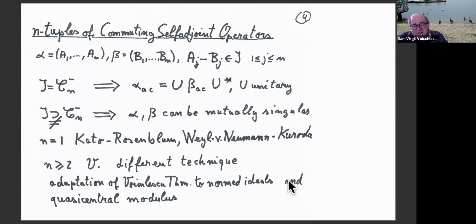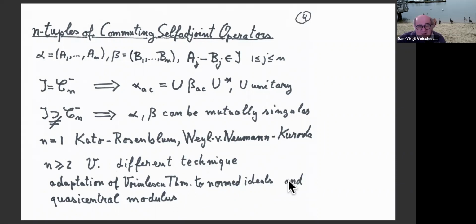This is where the difference appears when you take perturbations which are small in the sense of being in normed ideals. Now, if one goes beyond the C minus N, then what happens is that alpha and beta can be mutually singular. So their spectral measures may be mutually singular.